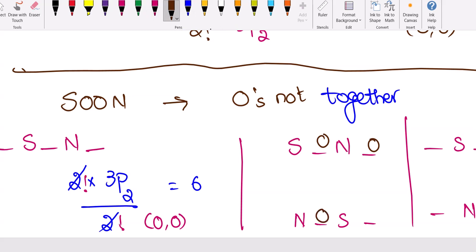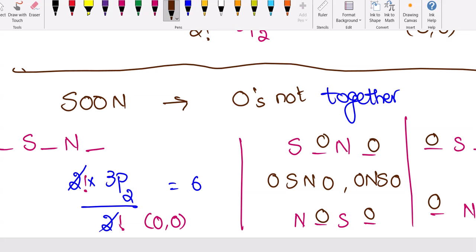O's not together here also. O's not together here also. Still, what are the other chances? O S N O or O N S O. These are totally how many? 6. The left side answer is 6.